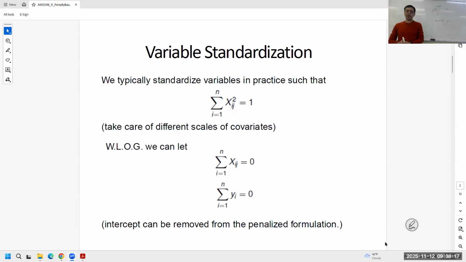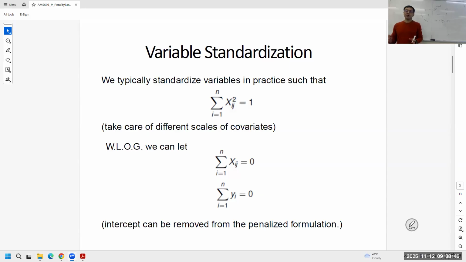Usually we do normalization by standardization: we subtract the mean from xj, and then divide by its sigma, to make the mean 0 and the variance equal to 1. This is what I call variable standardization.